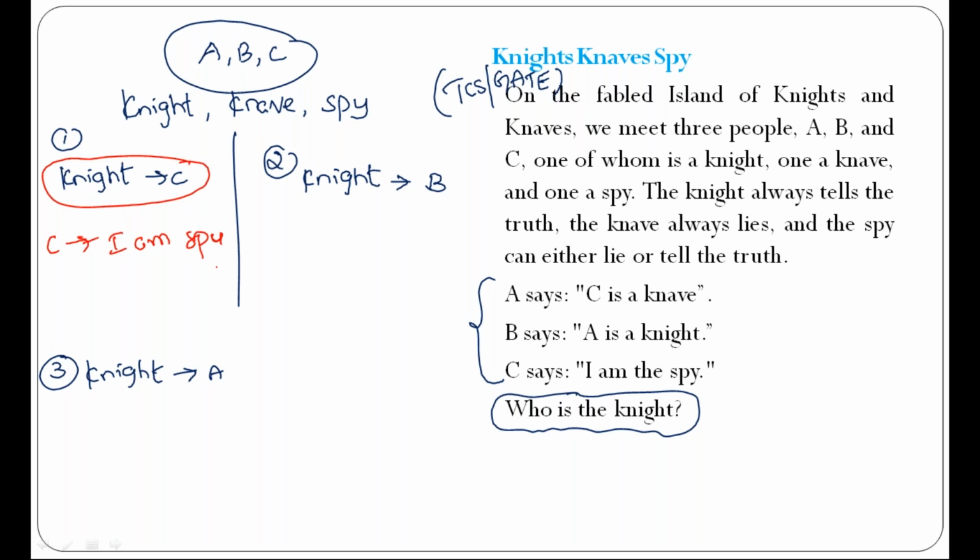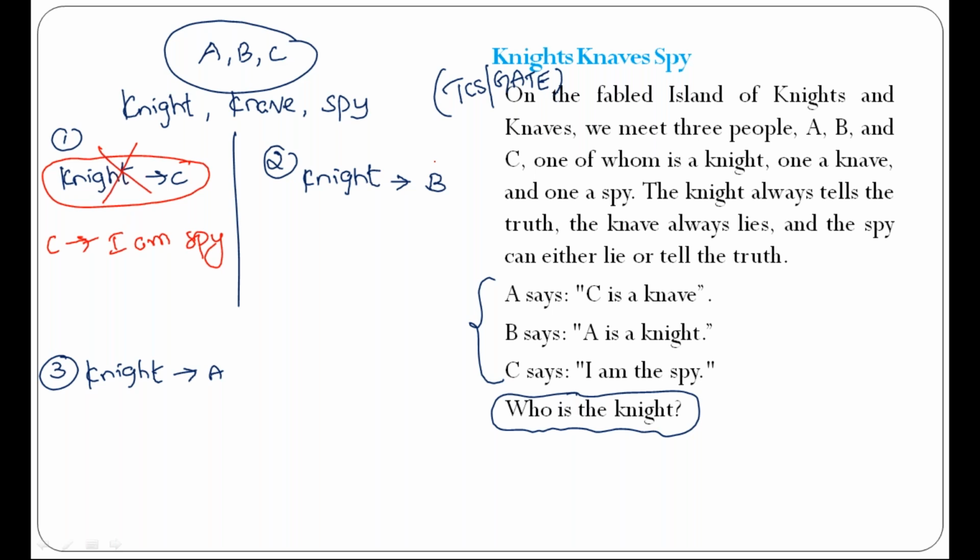See, this is contradictory, right? We are assuming C as knight, but C is giving the statement I am spy. If C is knight, he should speak true. We assume C as knight, but C's statement is I am spy, so both are contradictory. So C as knight is not possible.